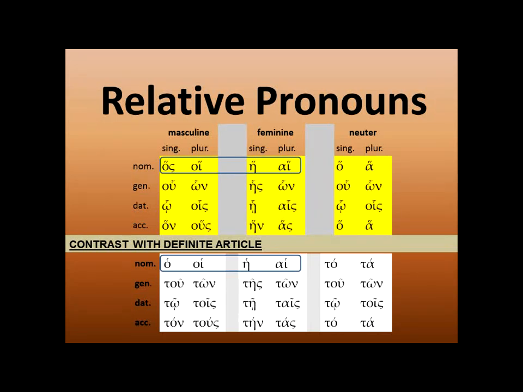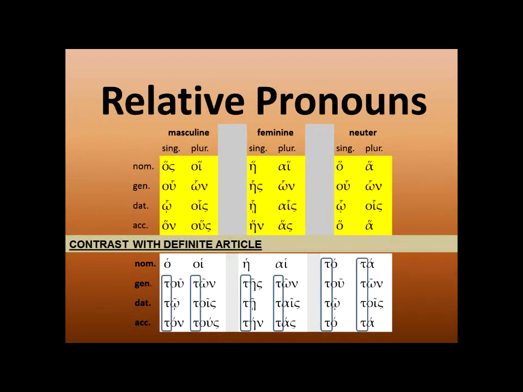The definite article has only the rough breathing mark, no accent. The definite article has tau at the beginning of the word in all instances except for the masculine and feminine nominative forms. There are no taus in the relative pronouns.